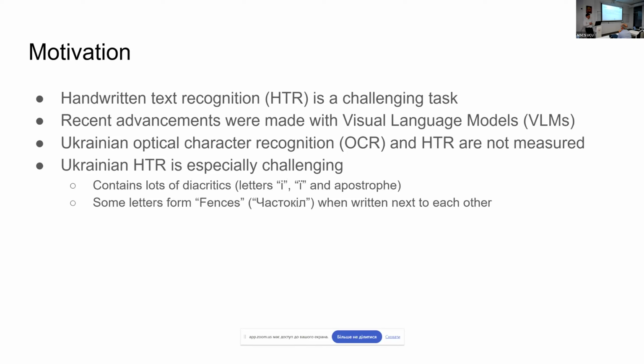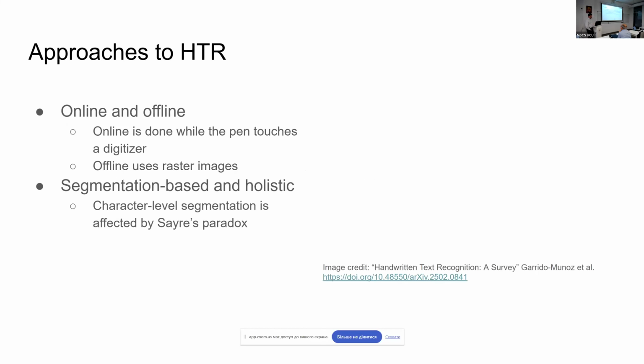Ukrainian text contains lots of diacritics, like the dots in the letter i here, and the apostrophes, which can be easily confused with background noise. And some letters form so-called fences when written next to each other. I will show the demo a bit later.